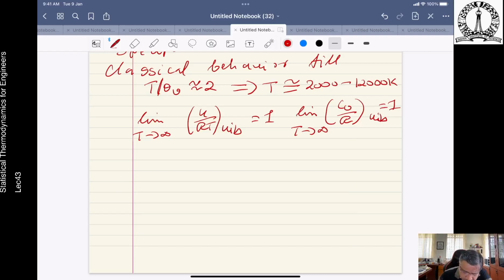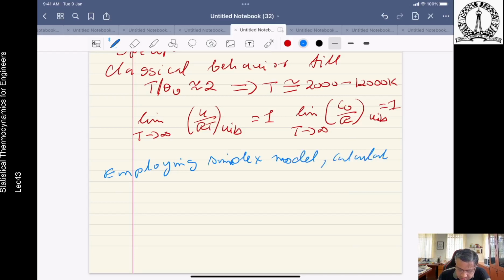So let's do a simple math problem now. Employing the simplex model, calculate the internal energy U in kilojoules per mole for AIO real at 1000 Kelvin.